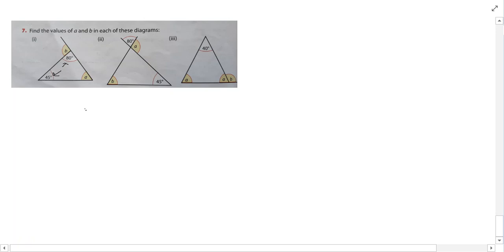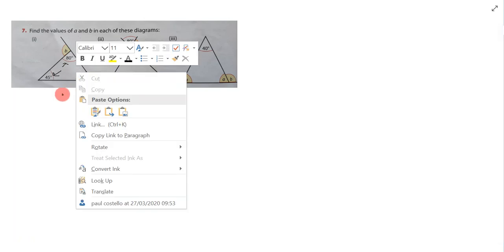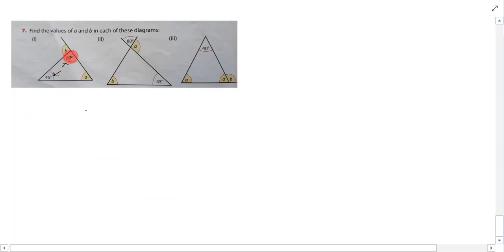So you have these three angles. Now, if we remember, the three angles in a triangle add up to 180 degrees.